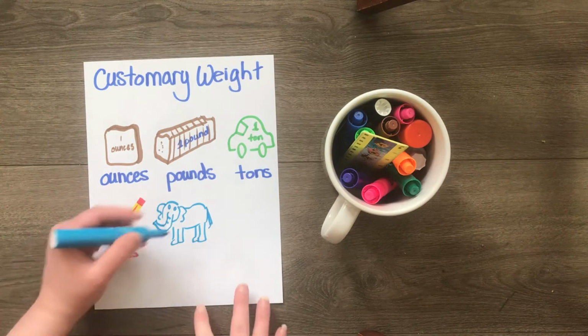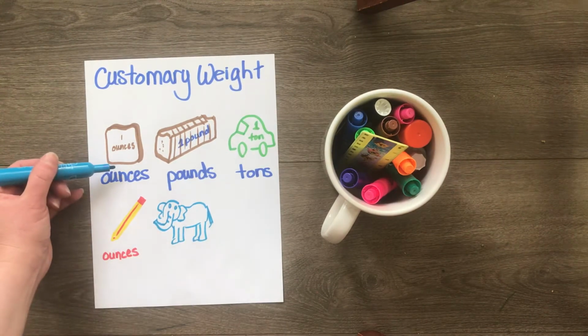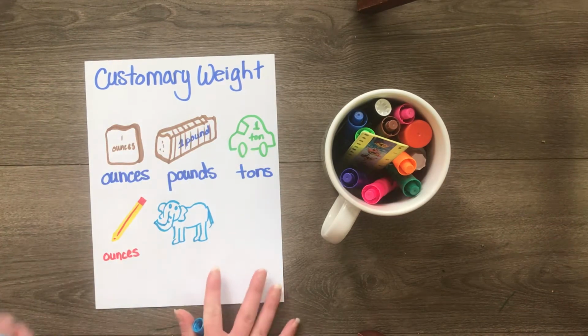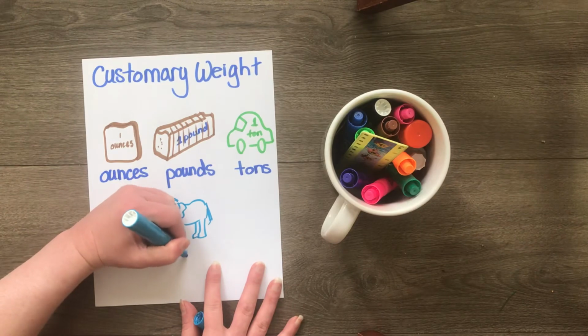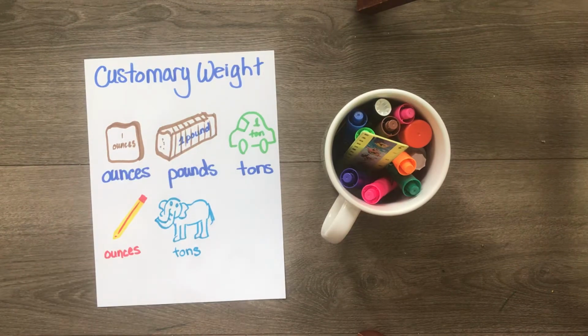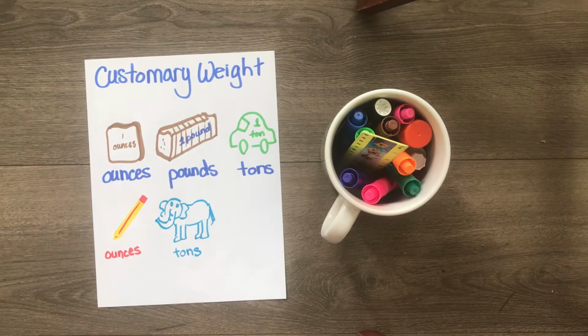How would we measure an elephant? Would we measure him in ounces, pounds, or tons? Yes, we would definitely measure an elephant in tons. We would not measure an elephant using pounds. Can you imagine how many loaves of bread would equal the weight of an elephant? It would be crazy. That would be absolutely crazy.